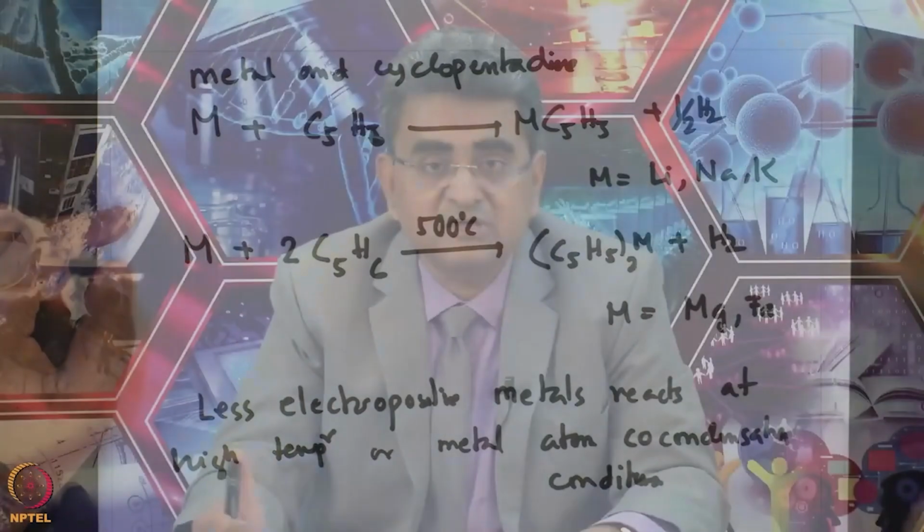So, with this I would like to conclude today's lecture. In this lecture we have looked into the structure and bonding of the cyclopentadienyl ligand, the history of its origin, as well as various synthetic methods available for preparing these cyclopentadienyl complexes. We have also seen that these compounds are extremely air and moisture sensitive, particularly those of the more electropositive metals, and as one goes to the less electropositive metals, the sensitivity of these complexes decreases.